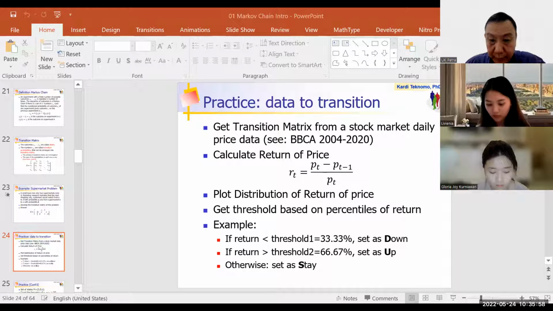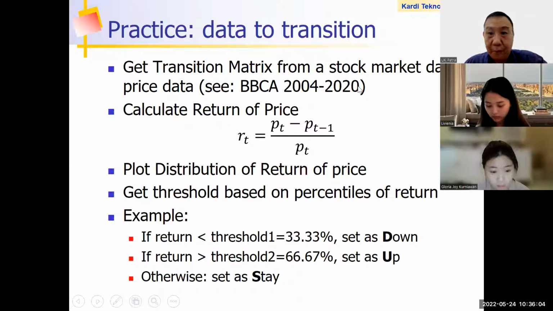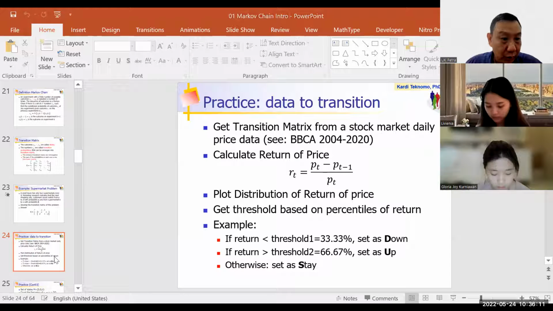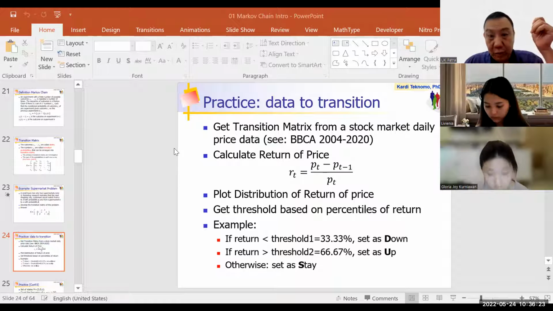So the point is this. If you have price data, then what you will do is calculate what is called return.